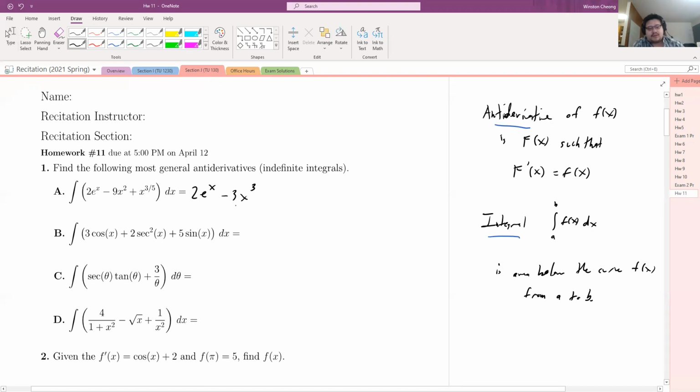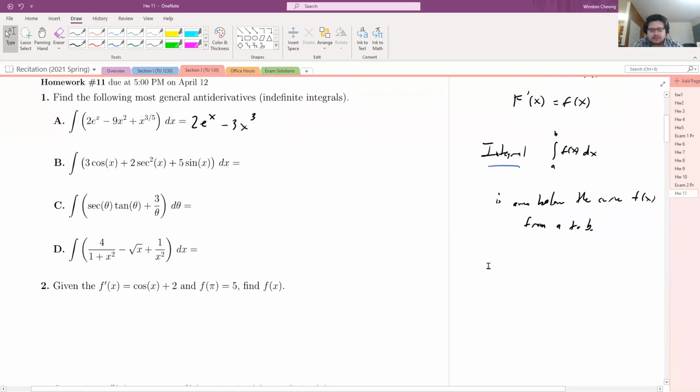For the last term, I'm going to introduce the general power rule for integrals, or the reverse power rule. It says if you're integrating x to some power n, where n is just any number, then you increase the power by 1 and divide by that new power.